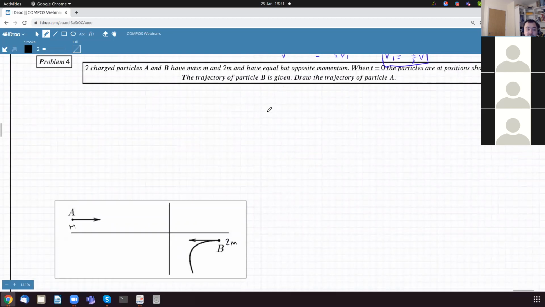They have equal but opposite momentum. So their momentum is the same. So this is P1 and this is P2. So this is not velocity, it's momentum. When t is 0, they are in the positions shown. The trajectory of particle B is given. Draw the trajectory of particle A.